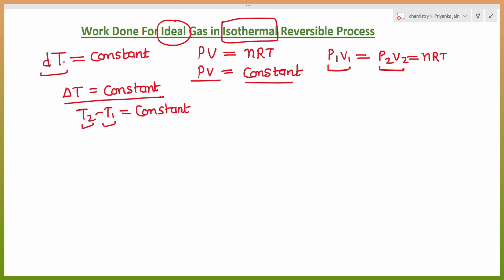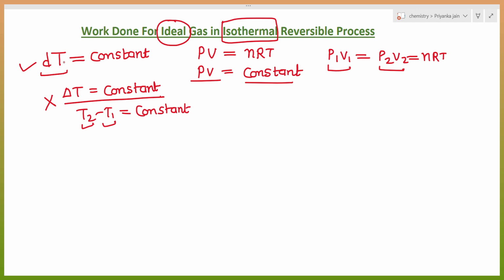It means initial and final temperatures are the same, but the whole process is not at constant temperature. So this thing cannot be verified by an isothermal process. An isothermal process says that dT is constant. It means at each and every step of the process the temperature is constant.